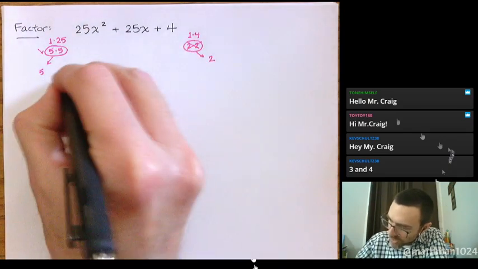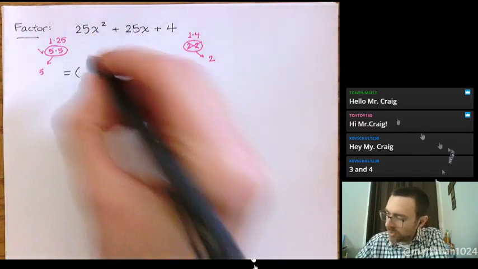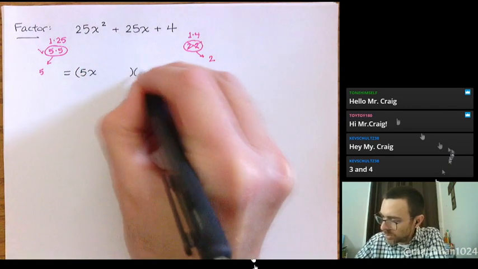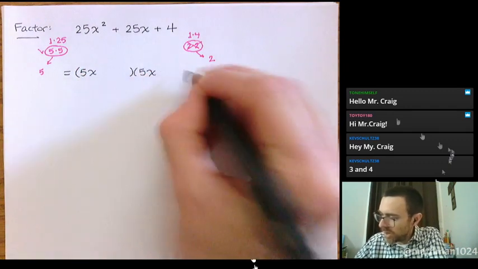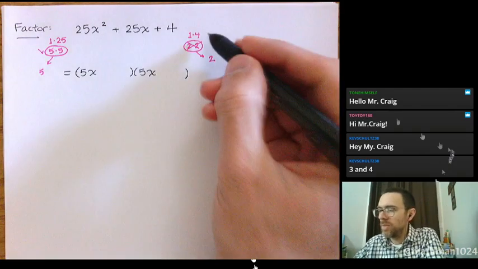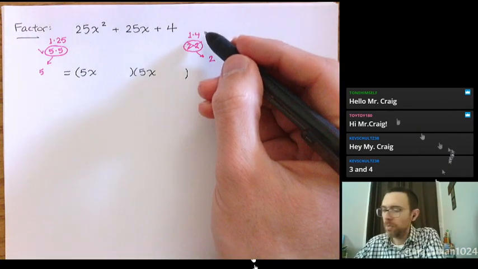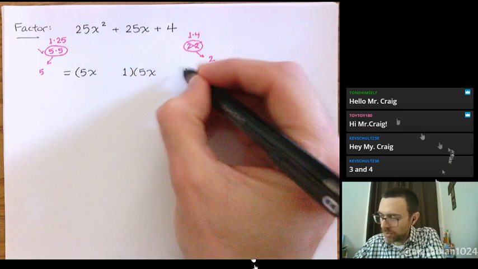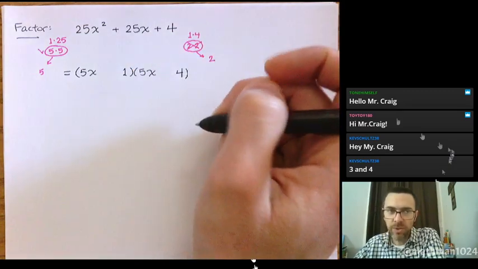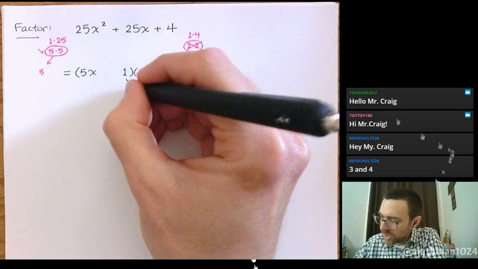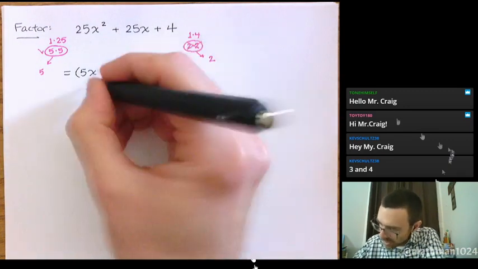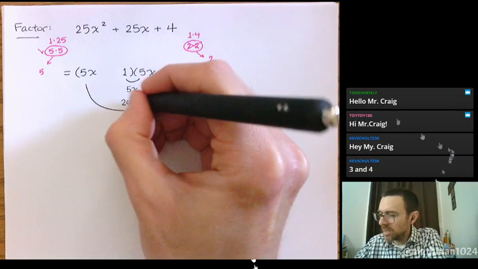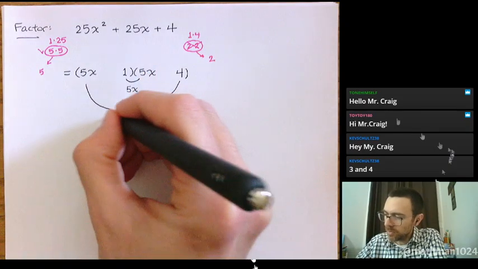So when it comes to factoring, I'm going to go ahead and split up the 25x squared as 5x times 5x. And I just have to put the 1 and the 4 here. And since these numbers are both the same, it doesn't matter where I put the 1 or the 4. Either way, it's going to give me the same thing. So on the inside here, I get 5x, and on the outside, there's 20x.